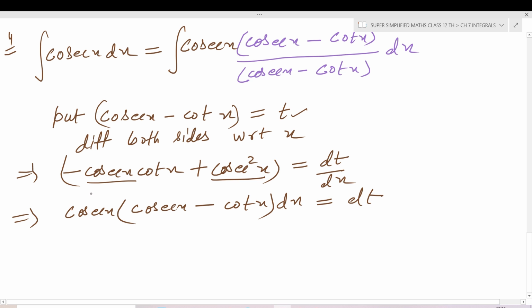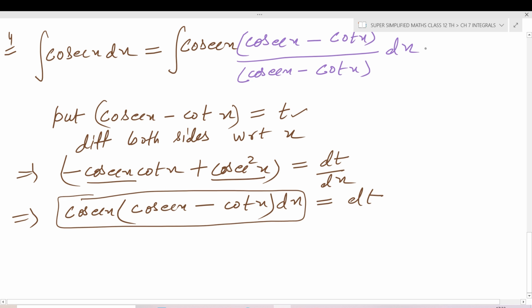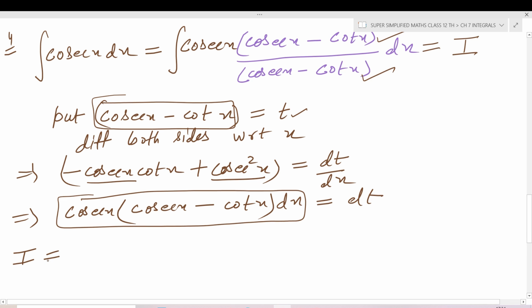Now you can see that this expression that I have written is the same as the numerator of the integral I, and this expression is the same as the denominator of the integral I. So let us make this substitution in the integral I. Here I can tell you that we have assumed the integral that we had to find to be equal to I. So now the integral I becomes, numerator dt and denominator t.